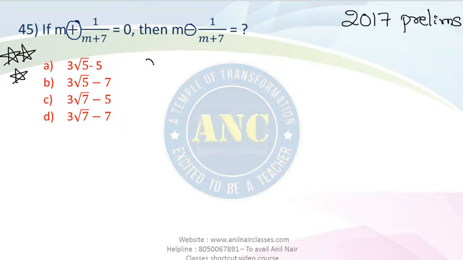Can we say that, okay, let me write the equation. m plus 1 divided by m plus 7, this is equal to 0, right? Now we already know that if the denominator has some variable and the numerator also has the same variable, then we can find multiple things.